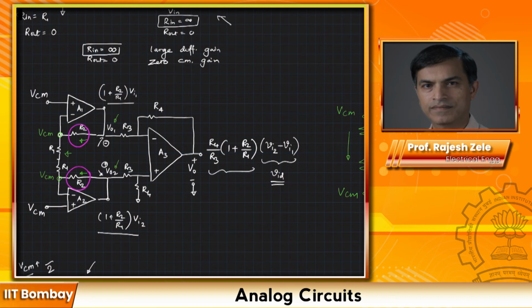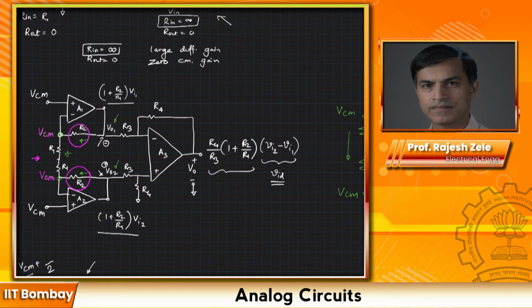Let me repeat that. At the output, you will not see a component due to the VCM input. Let me explain it again. What I'm trying to say is that since we removed this ground connection at the center here, the VCM appears across R1 and R1 over here on both sides, VCM.